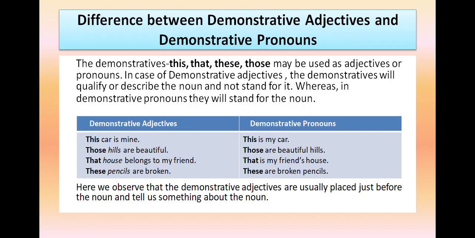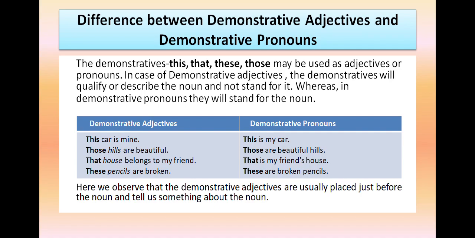These words can also be used as pronouns. So we shall learn about the difference between demonstrative adjectives and demonstrative pronouns. The demonstratives this, that, these, those may be used as adjectives or pronouns. In the case of demonstrative adjectives, the demonstratives will qualify or describe the noun and not stand for it.